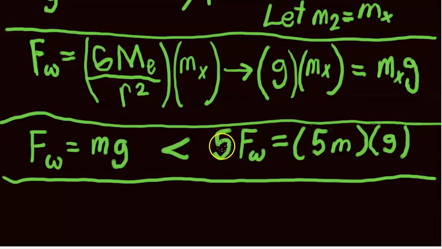And that makes sense when you think in terms of picking something up. Like if you had to pick up this object versus this object, you would have to apply 5 times as much force to move it upward and away from the Earth's surface. So in turn, when it is released, it's going to move down with 5 times more force, but with the same acceleration.